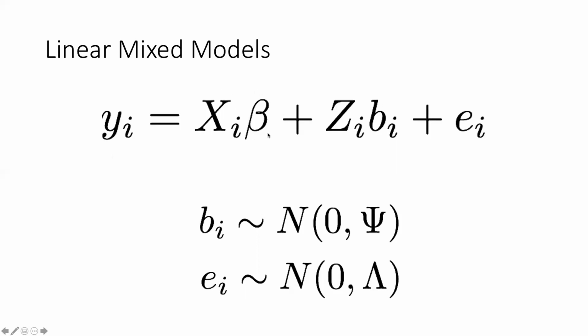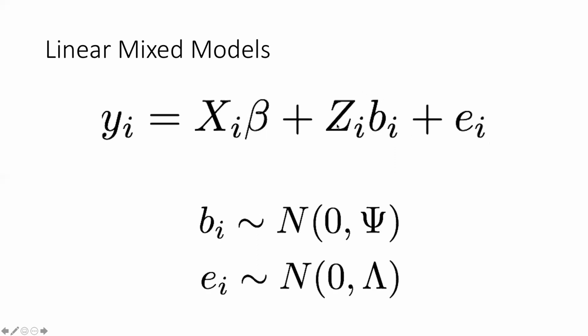If we are able to capture a lot of the variability in Y by modeling X and beta, then there's going to be less variability that is going to be captured by a random term and a residual term. In the same way, if X beta captures a certain amount of variability, and you're left with a certain amount of variability that you have to distribute between your random term and your error term, then there's going to be a trade-off.